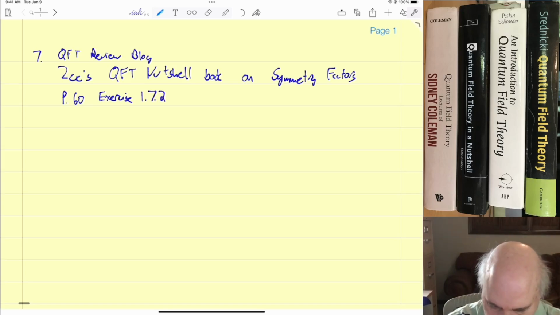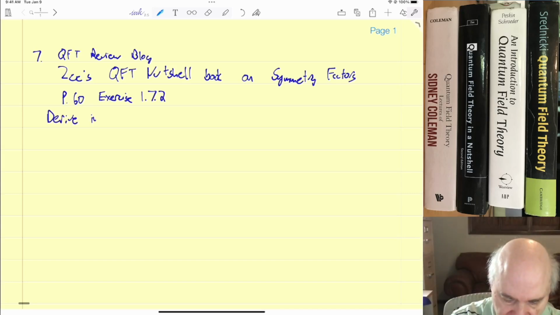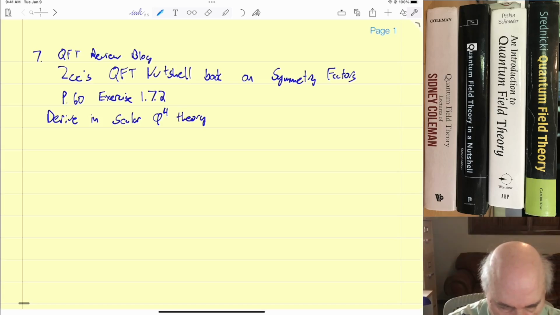The exercise is basically to derive, in scalar meson phi4 theory, the amplitude for the following diagram.